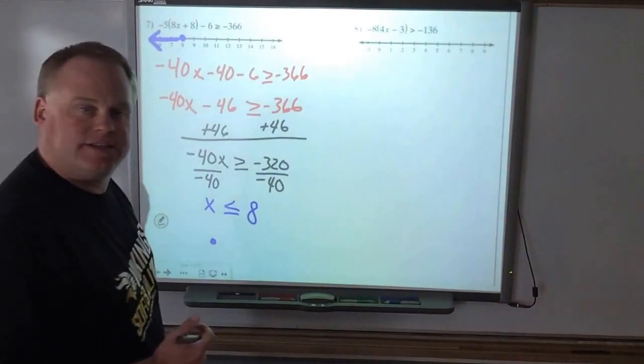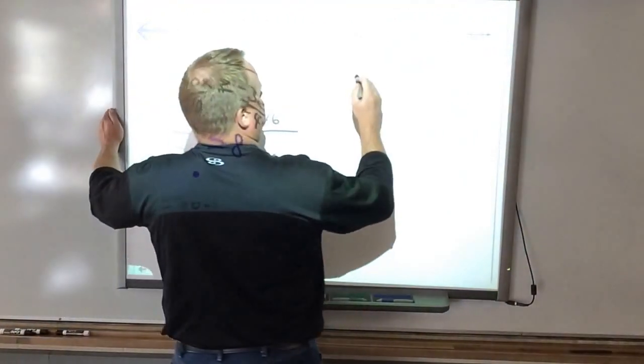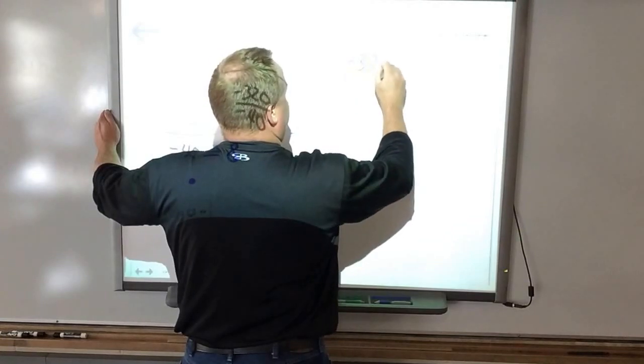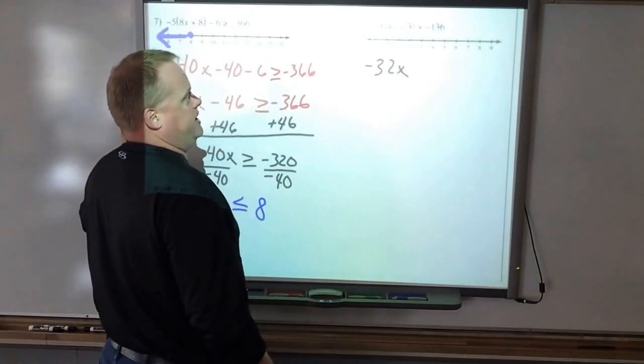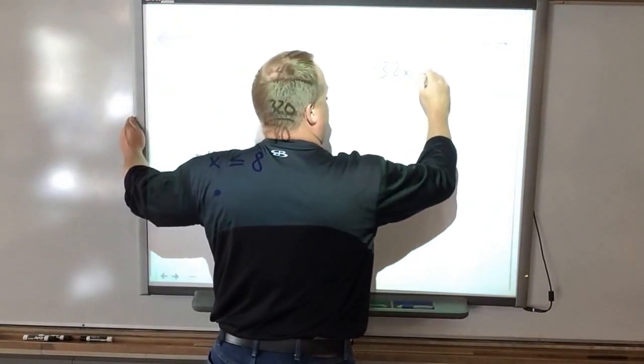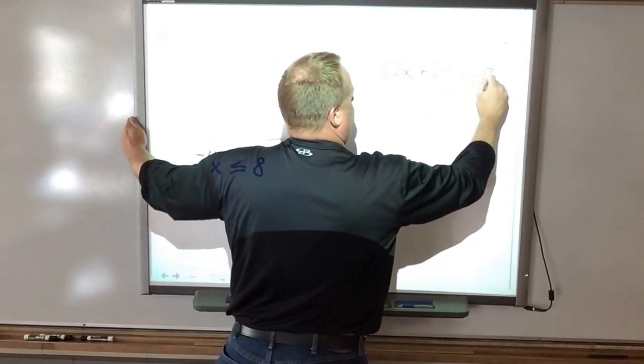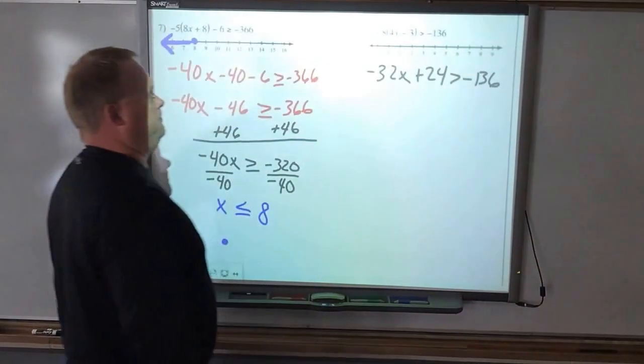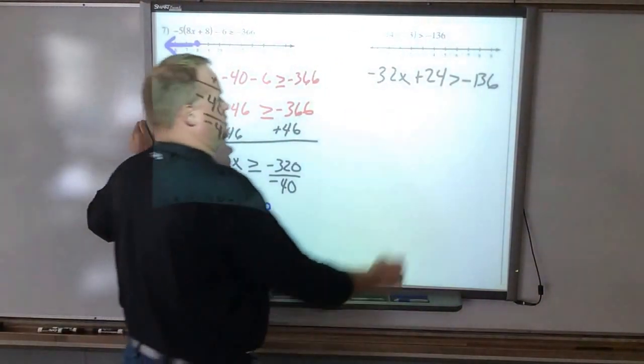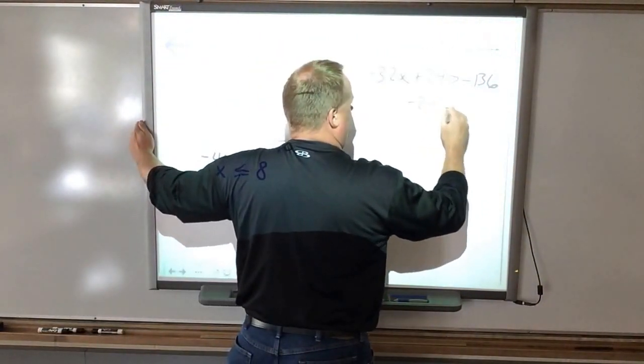All right, welcome back. Let's see if you got it. I have -8 times 4x. It's -32x. -8 times -3 is +24. Greater than -136. So I see this, I want to subtract 24.